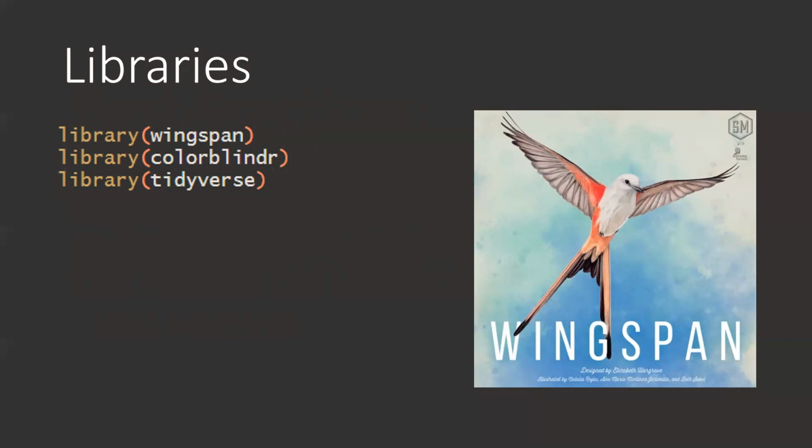So just so you know, we'll be using the tidyverse packages, which is of course the group of data management packages that all comes together in the tidyverse, as well as the Wingspan package, which has bird names and statistics from the Wingspan bird card game, and the colorblinder package, which lets us simulate what our code and graphics will look like to people with different forms of color blindness.